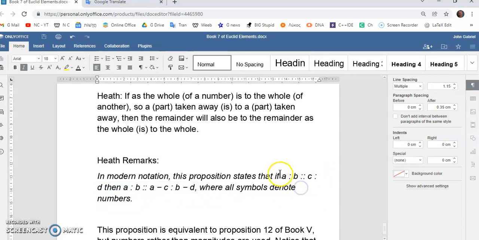Now remember, we had these ratios in book 5, but they were not ratios between numbers. They were ratios between magnitudes. Now with numbers, you have the same property, but there are certain magnitudes that have no measure. If you had a magnitude without a measure, then it wouldn't be a number.